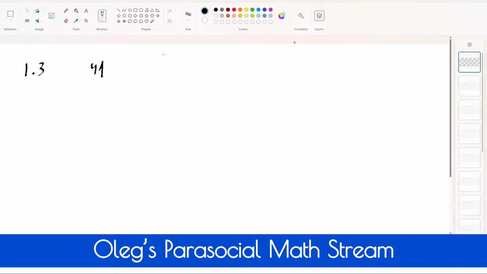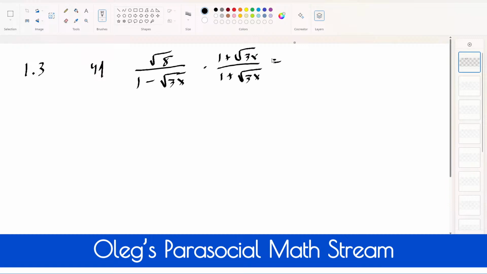49. We have root 8 over 1 minus root 3x. Okay, well, let's multiply this out by 1 plus root 3x over 1 plus root 3x.